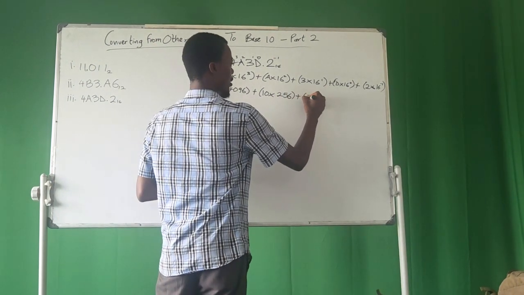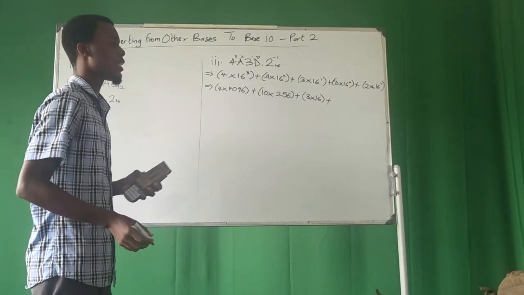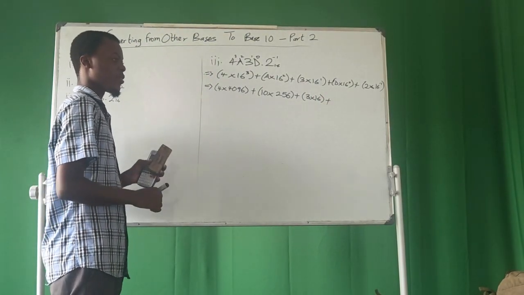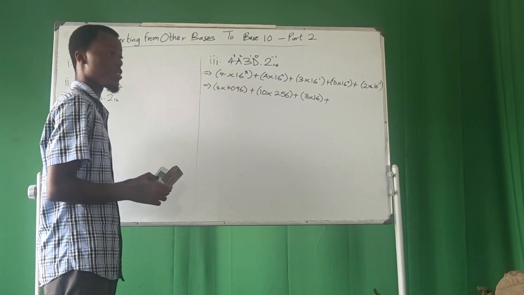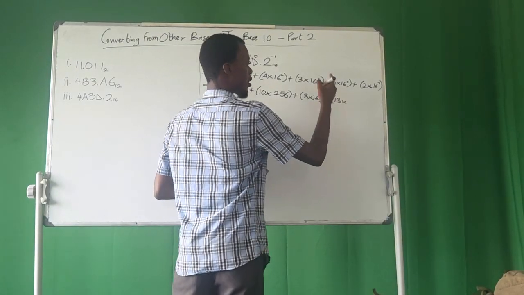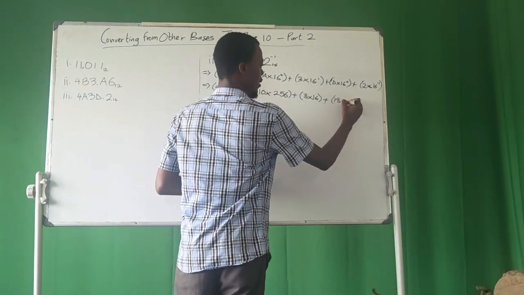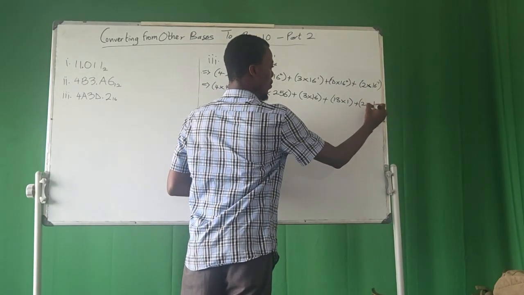Plus 3 times 16. And D: if A is base 10, B is base 11, C is base 12, D will be base 13. So we have 13 times 16 exponent 0, which is 1. And this is 2 times 1 over 16.